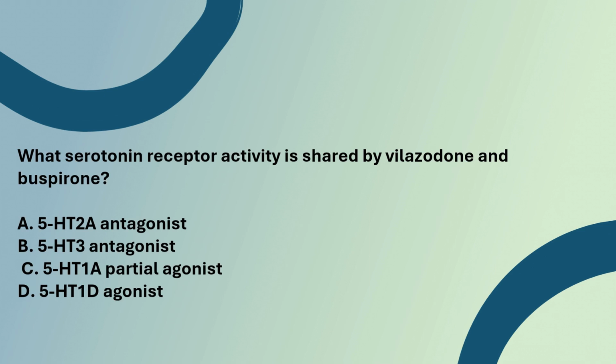Well, what serotonin receptor activity is shared by vilazodone and buspirone? A, 5-HT2A antagonist. B is a 5-HT3 antagonist. C is a 5-HT1A partial agonist. And D is a 5-HT1D agonist.